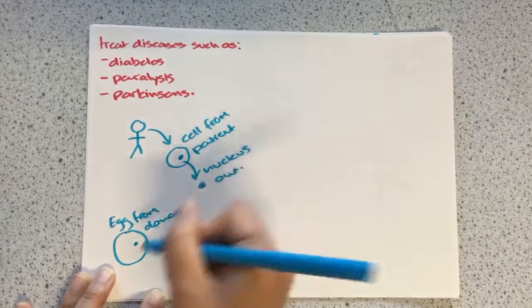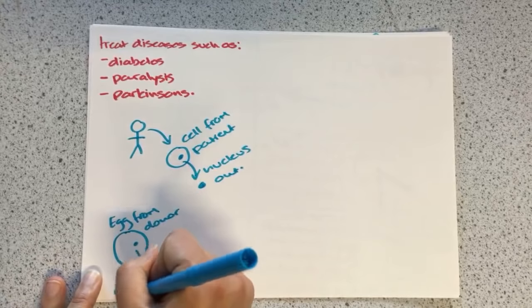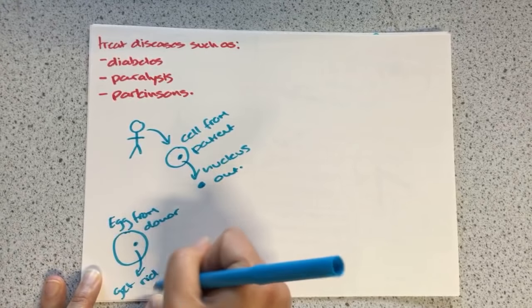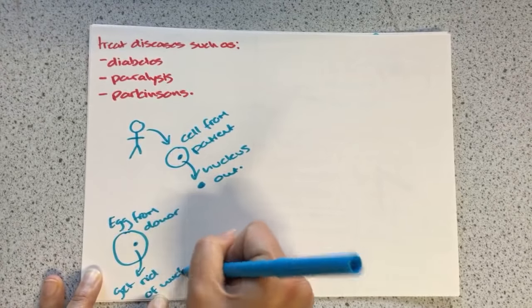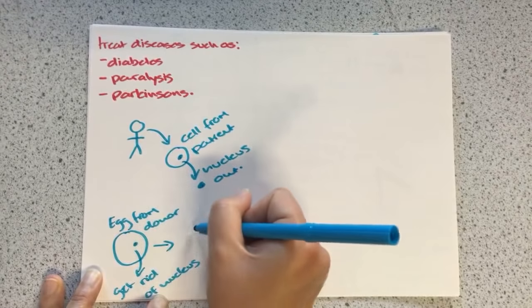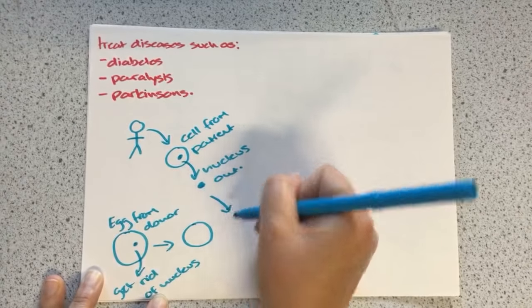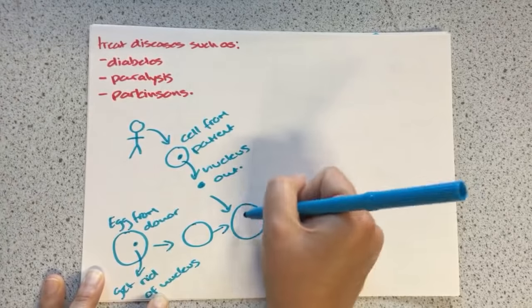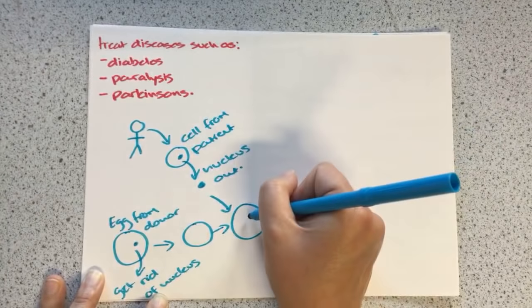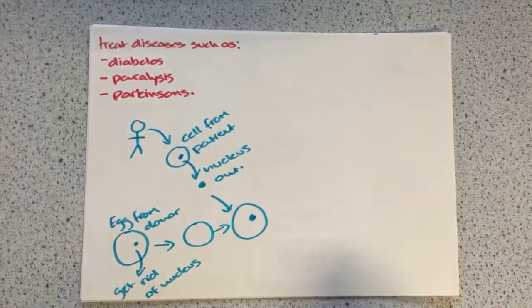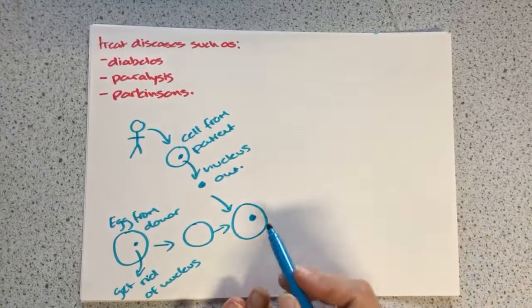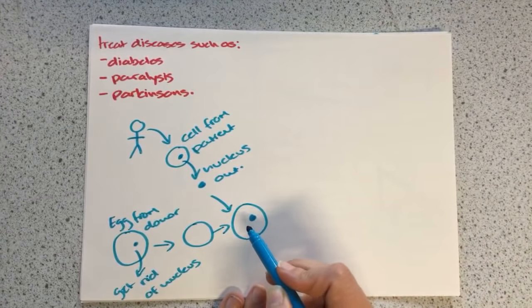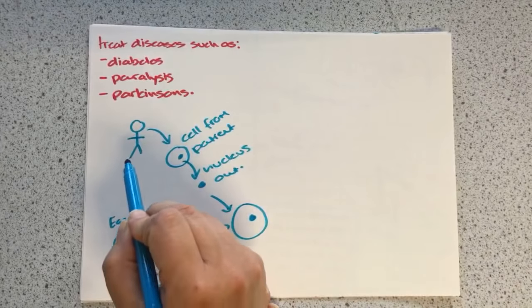You keep that nucleus, and with this one, you get rid of the nucleus, and you end up with an empty egg, and you fuse those together. So the nucleus out of the patient is fused into the egg cell from a donor. That means that the genes inside this nucleus are exactly the same as the ones from the patient.